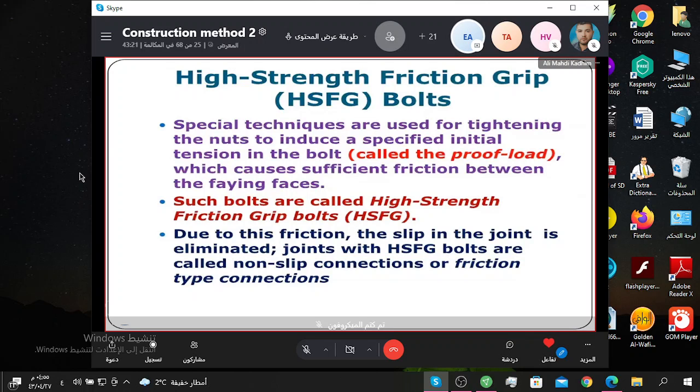Such bolts are called high strength friction grip bolts, HSFG. Due to this friction, there is no slip in the joint. A joint with HSFG bolts is called a slip resistant connection or friction type connection.